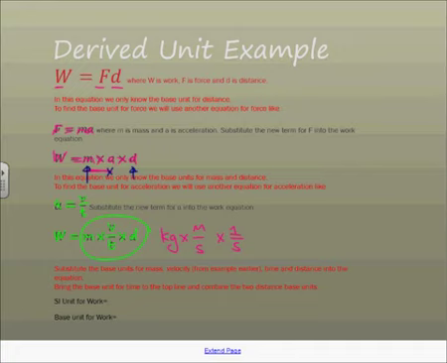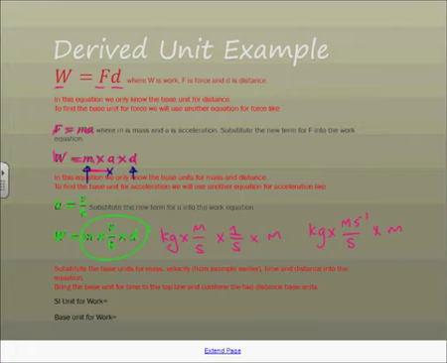Okay, I might write that a different way now, and multiply that by meters. So another way of doing this, we could say that we've got kg multiplied by meters per second divided by seconds multiplied by meters. That's probably a better way.